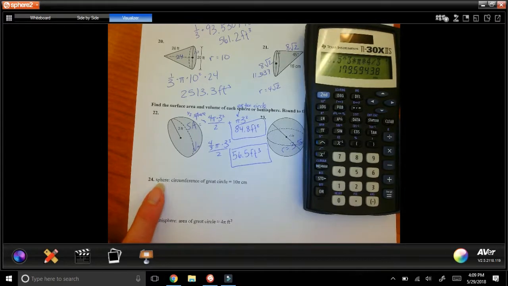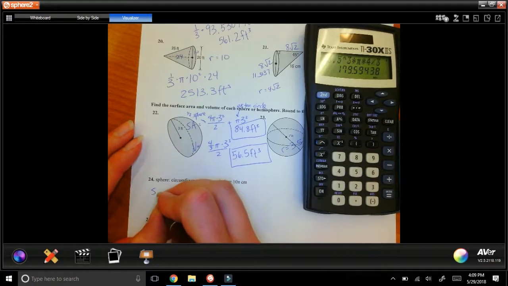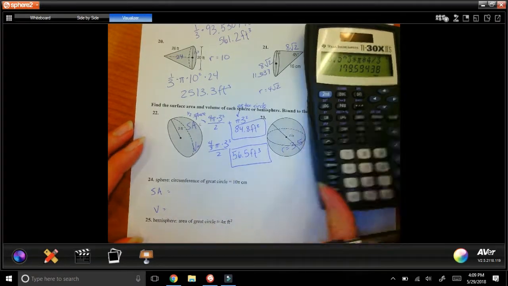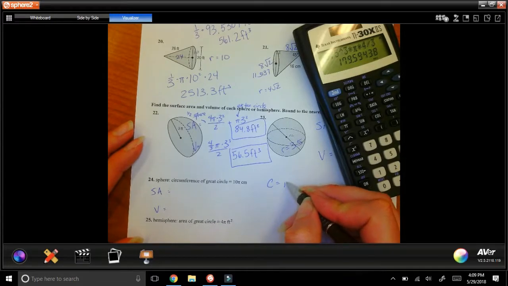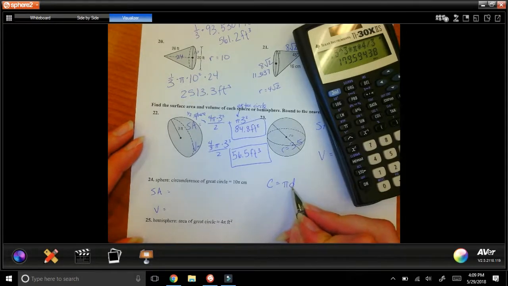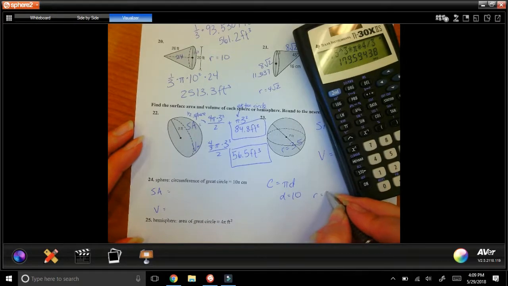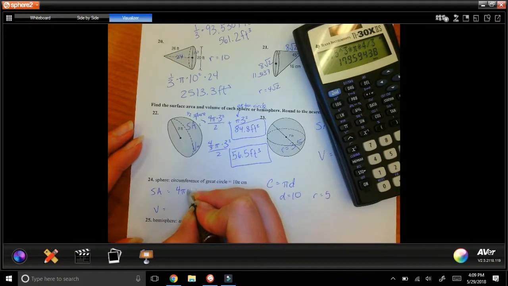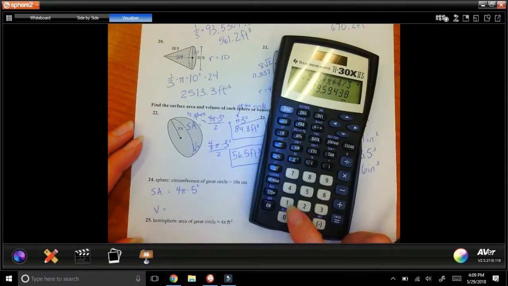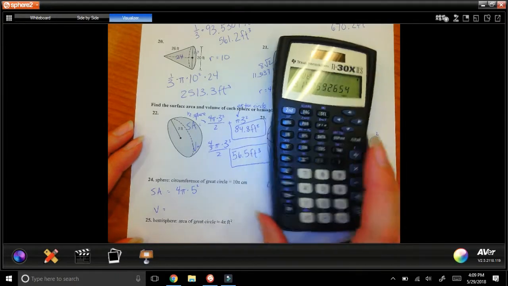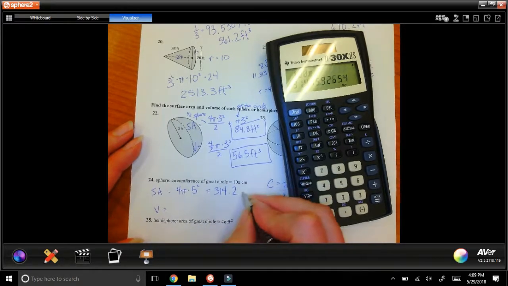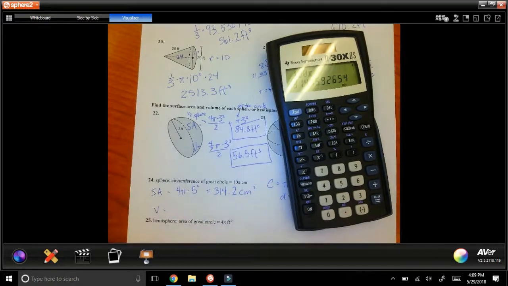This next one wants me to find the surface area and volume of the sphere. Gives me the circumference of a great circle is 10 pi. If the circumference is 10 pi, circumference is pi times diameter. That makes the diameter 10, or the radius 5. So the surface area would be 4 pi times 5 squared, which is the same as 100 pi, or 314.2 square centimeters.